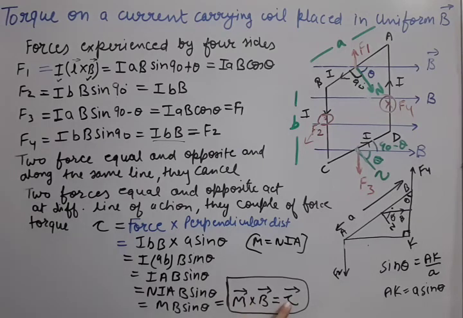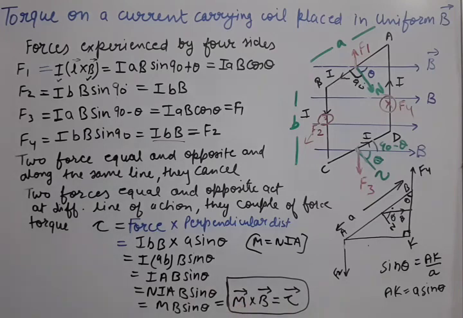And because torque is a vector quantity, its direction is obtained by M and B's perpendicular. As I have told you, in the cross product the resultant is always normal to both of them.